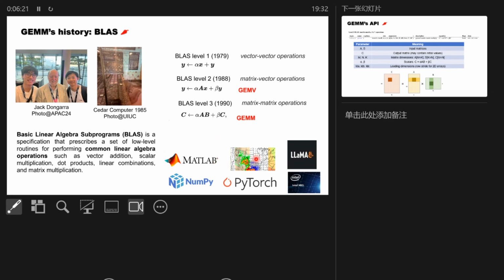Also other software we are going to use in this competition, like llama.cpp, NumPy, and PyTorch. Today we have many BLAS libraries, like Intel MKL, cuBLAS, the AMD HIP one, and others.